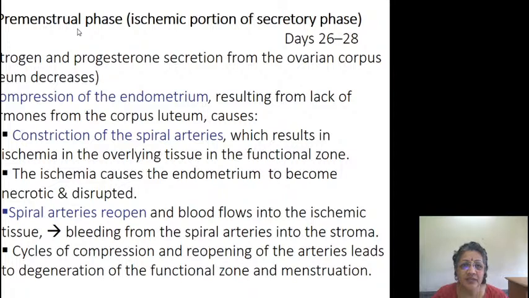The premenstrual phase is the last few days of the secretory phase, day 26-28, because again, day 0, bleeding is going to start. The estrogen and progesterone secretion, which is happening in the ovary because of the corpus luteum, is withdrawn. Till now, the estrogen and progesterone are at a peak, but after waiting for these 26-28 days, if fertilization has not happened, the ovarian corpus luteum regresses because hormonal support is withdrawn.